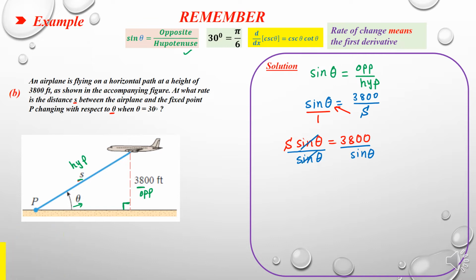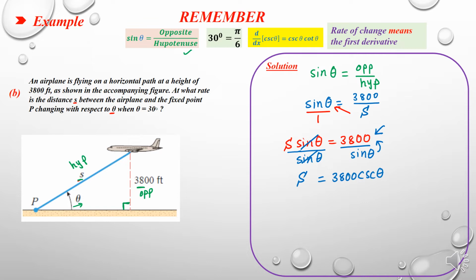So cancel sine with sine, and you get s equals 3,800 divided by sine theta. Now move sine theta up, you will get cosecant theta. So we have s equals 3800 multiplied by cosecant of theta.